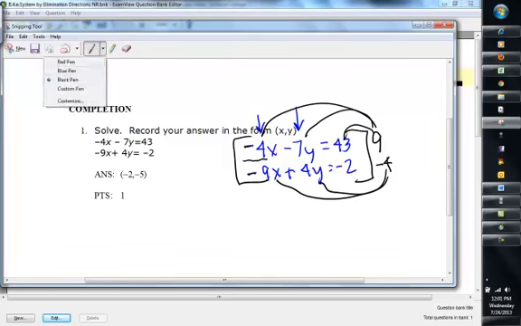And so our new equation will be 9 times negative 4 is negative 36x. 9 times negative 7 is negative 63y. 9 times 43 is 387. I think that's right.